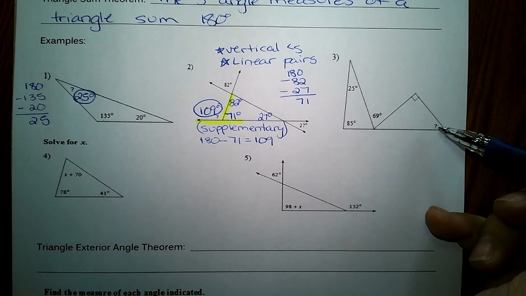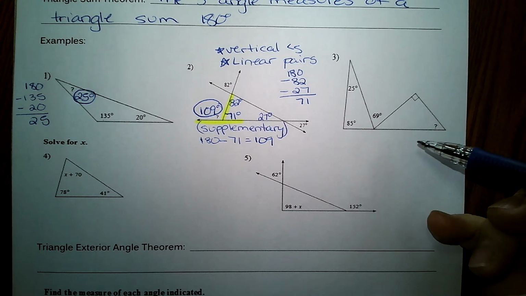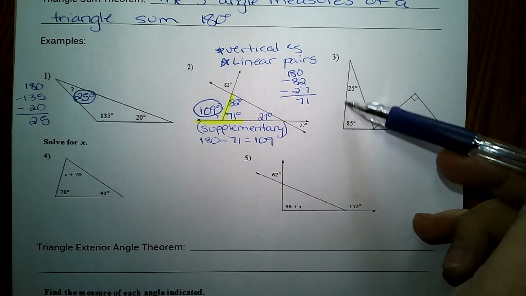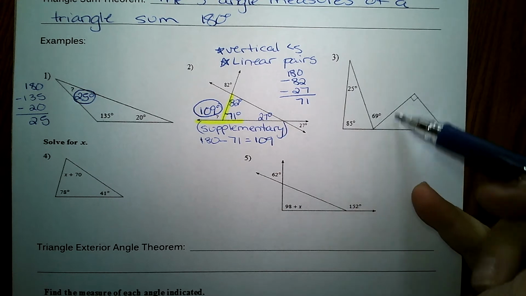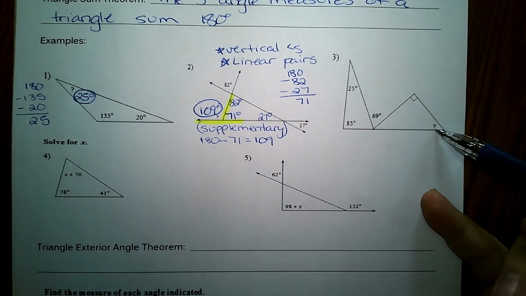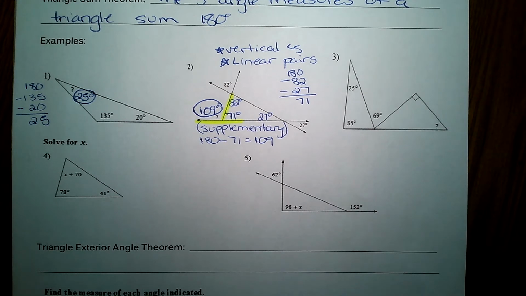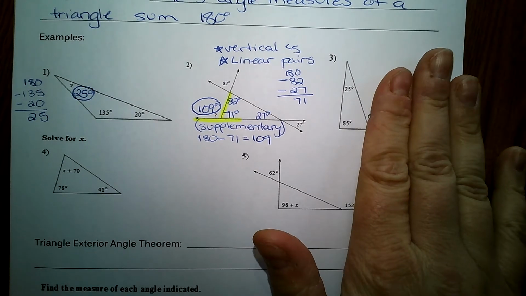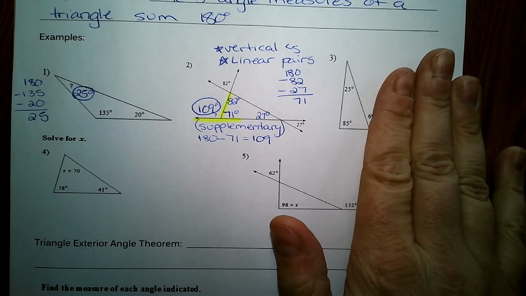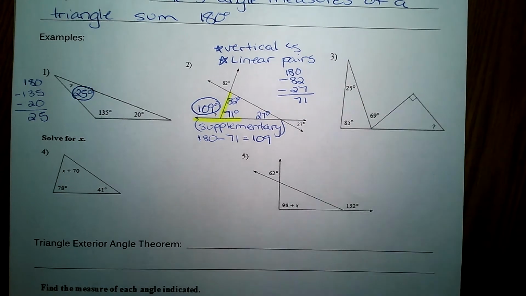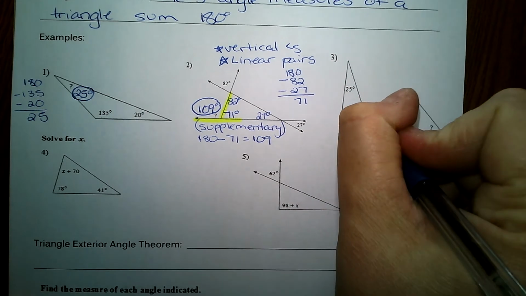Example 3 is another long puzzle kind of problem, much like number 2. We have to start with what we know to kind of wiggle our way through to our final answer. Okay? So I'm going to start first with the triangle on the left. This triangle is only missing one angle.